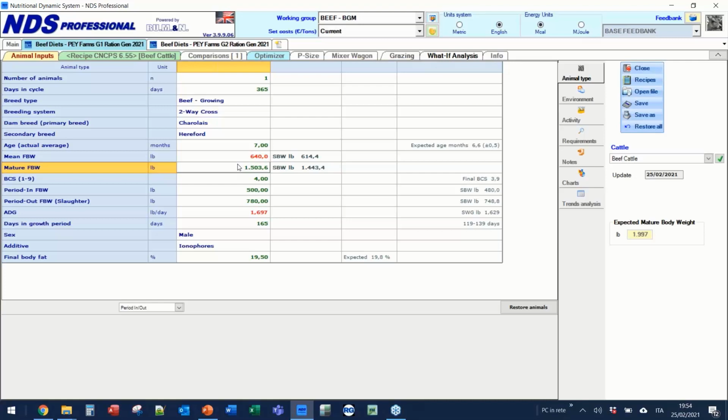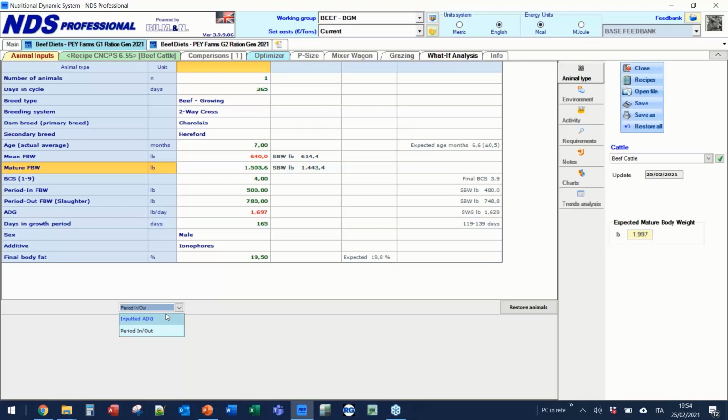Another aspect that I would like to mention is the type of input we can select in order to define the average daily gain. We have the simple inputted average daily gain.